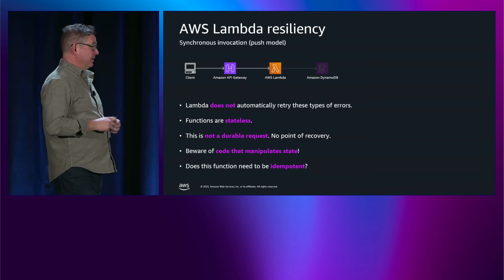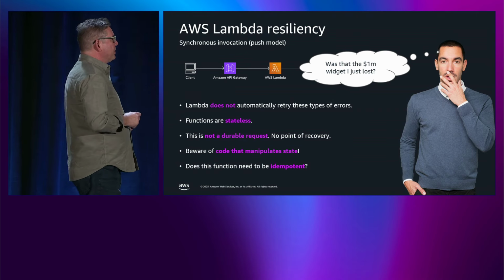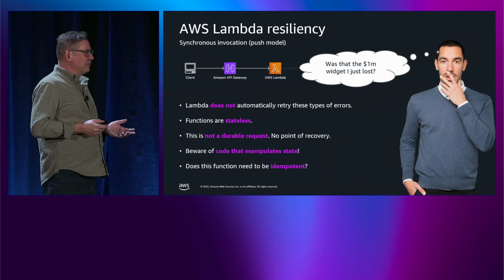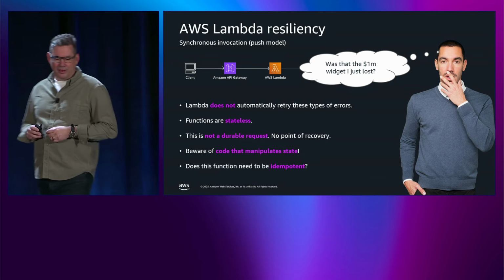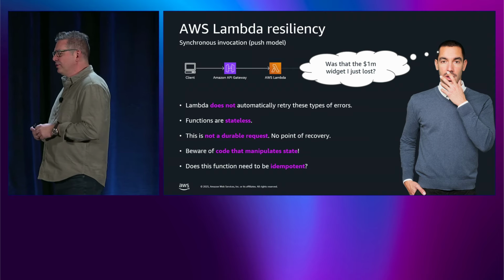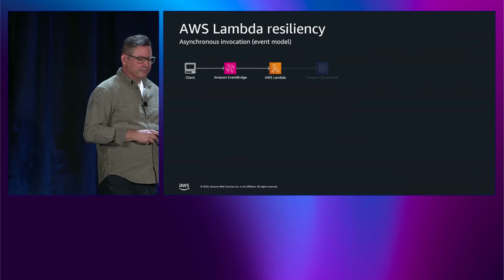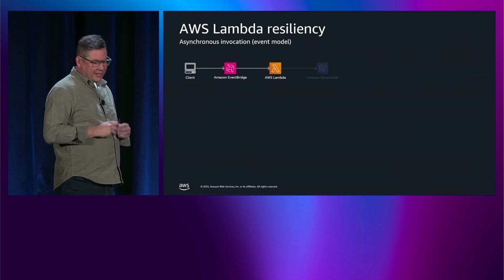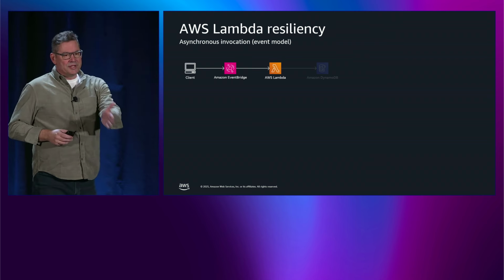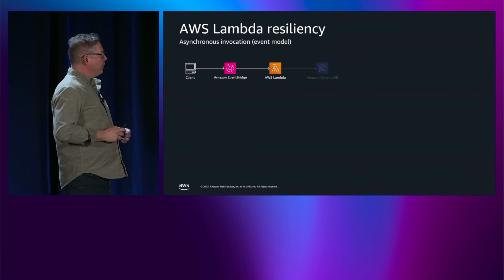In fact, it doesn't even exist. So this is probably one of those cases where you might want to go, hang on a second, could this be a point in time where that $1 million widget got lost? I'd be thinking about whether or not the synchronous implementation actually is a good idea. Now, from an asynchronous perspective, we have a slightly different approach. You can notice here that I'm not using API Gateway, I'm using EventBridge to invoke my function.